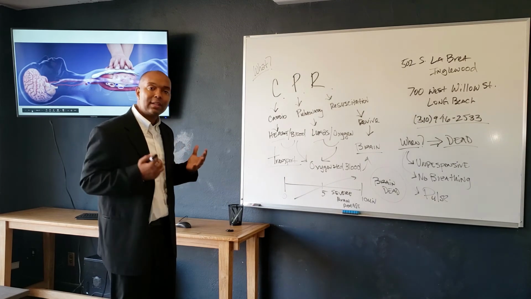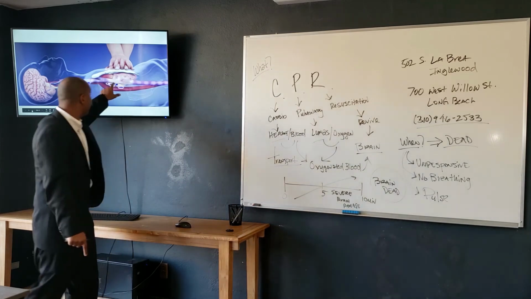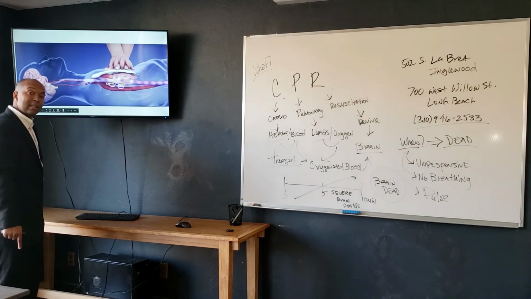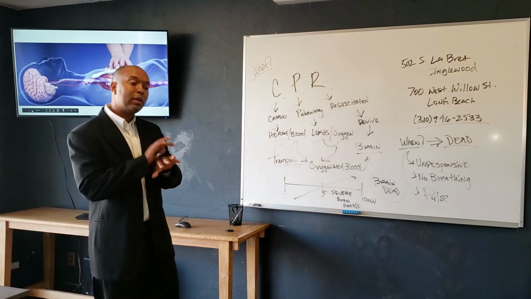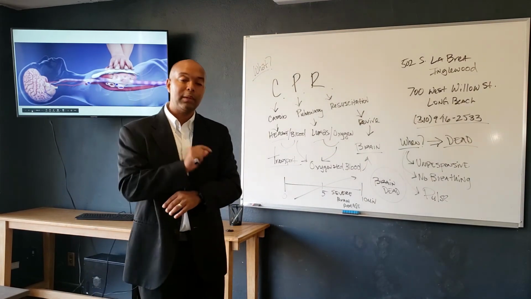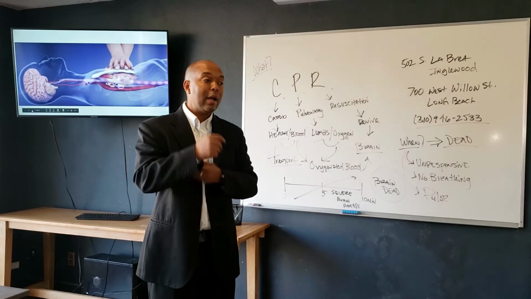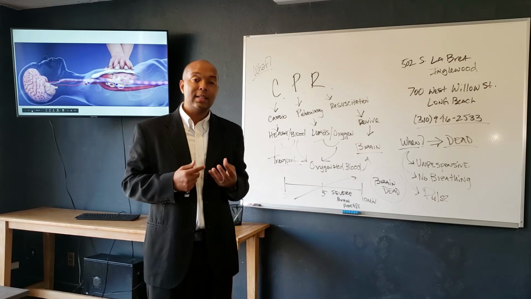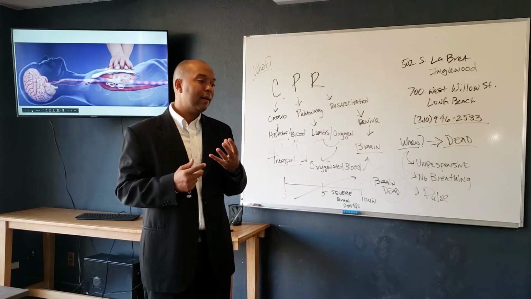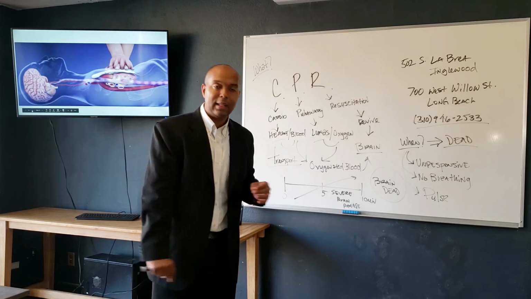You could have a certain amount of oxygenated blood already in your body that we can then begin to circulate to the brain, okay? So keep that in mind, all right? We want to get started with compressions alone until our mouth-to-barrier device arrives in the first aid kit, most likely. That way we can do CPR safely without the risk of any bodily fluids getting into our mouth or anything like that, okay?